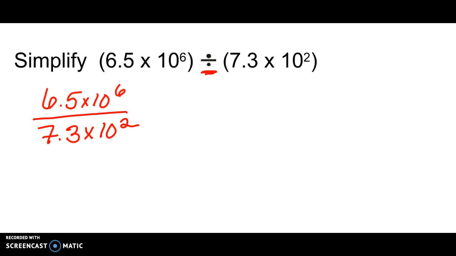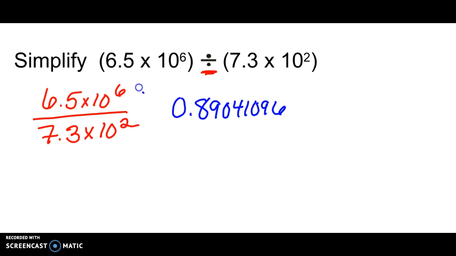When I take 6.5 and divide it by 7.3, I get a rather large number, 0.89041096. Depending on the directions, you may be able to round that, but make sure you read the directions. If not, keep it as is.